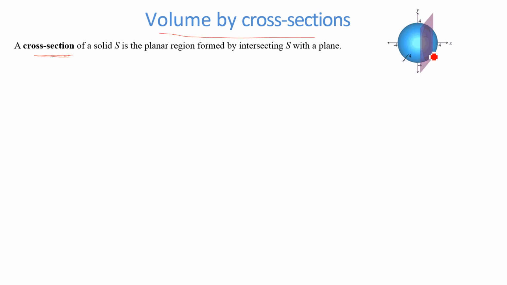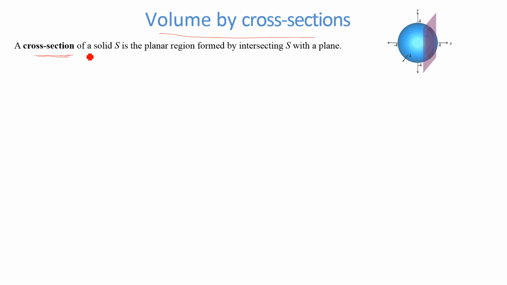Here is a plane which crosses over the sphere from -4 to 4, and you can see the intersection of the plane and the sphere changes at every point. Although it's a circle, the radius of the circle changes from point to point from -4 to 4. But we can find the area of the circle, so by adding all these areas, we can find the volume of the sphere.